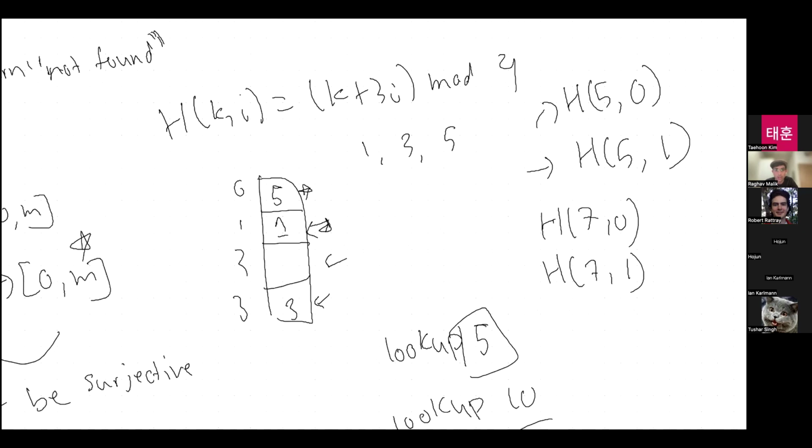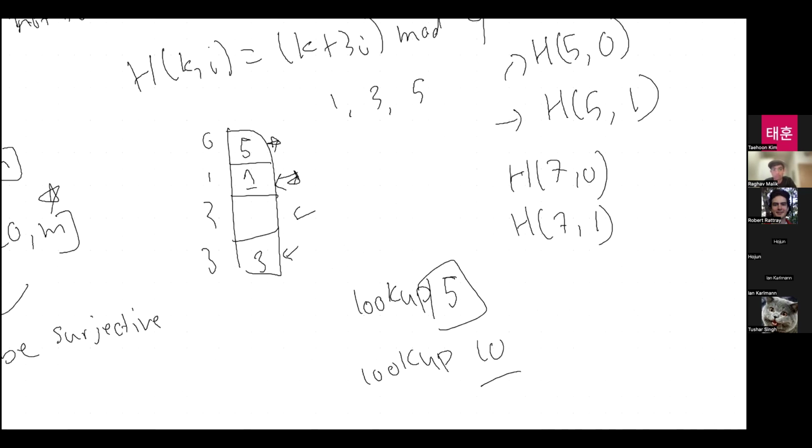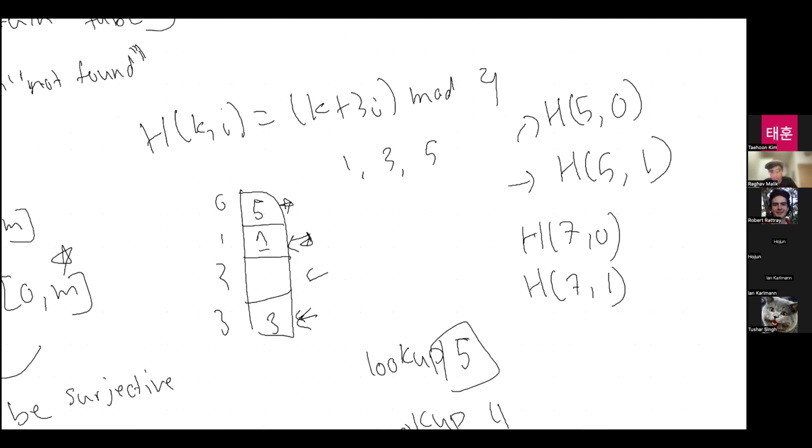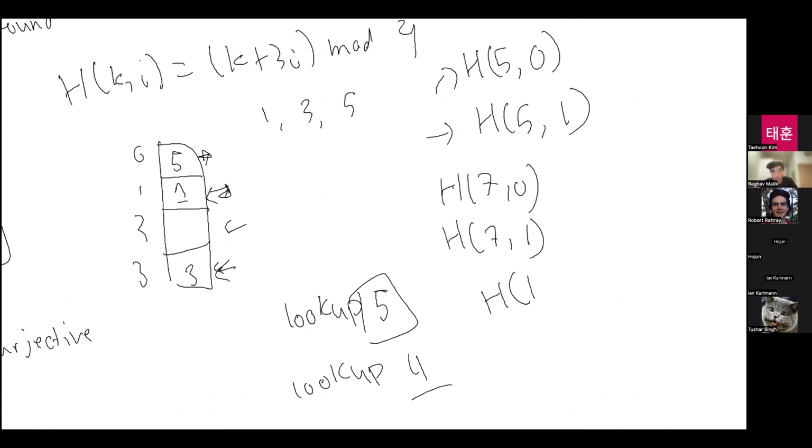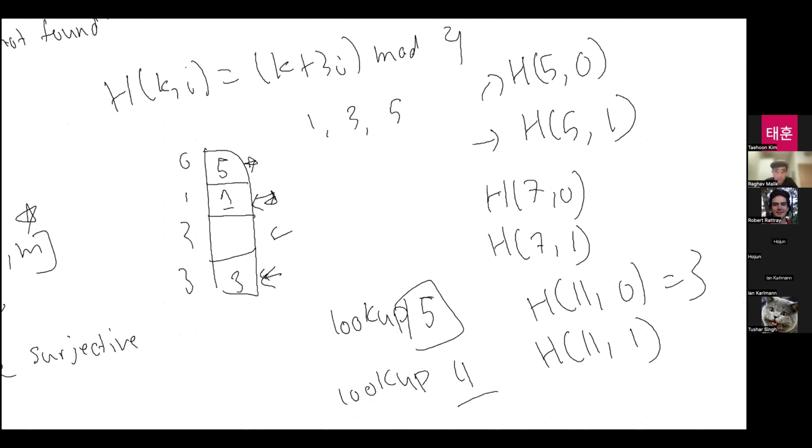If I wanted to look up 11, 11 mod 4 is 3. I look there. It's not the thing that I care about. So, I hash 11 comma 0 equals 3. Table at 3 is not what I care about. So I hash 11 at i equals 1, which is going to be 14. 14 mod 4 is 2.